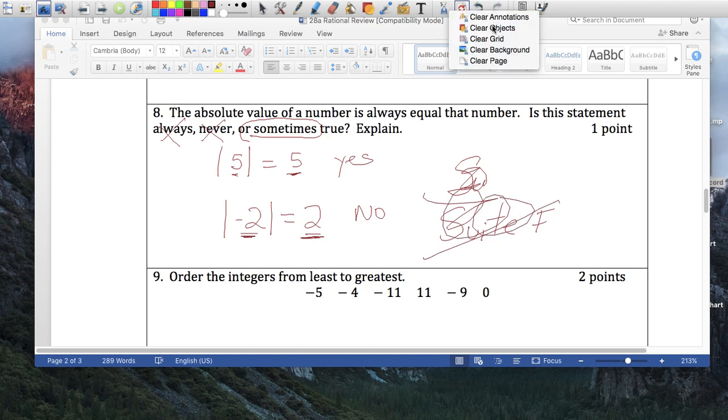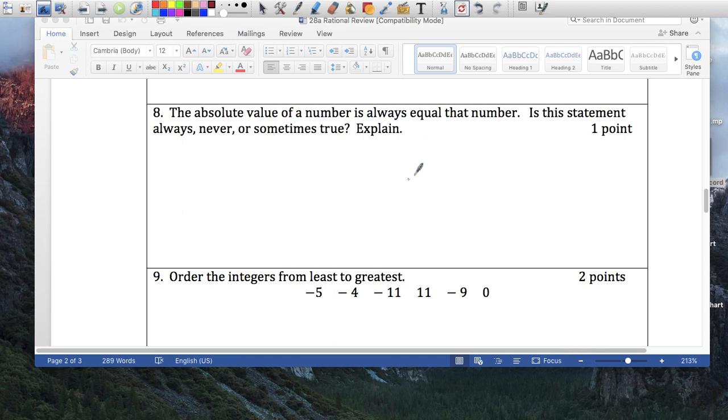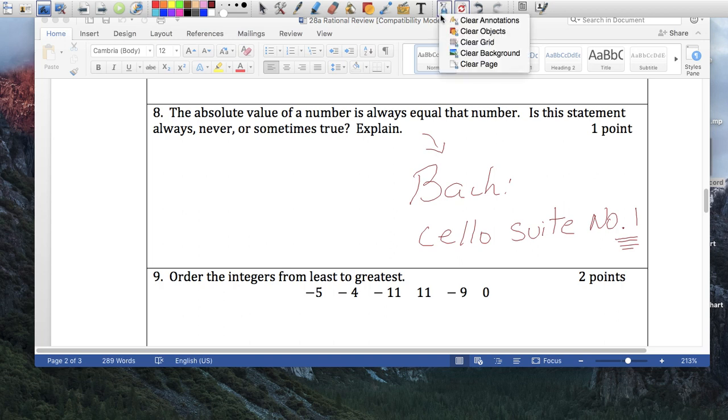Why am I complicating this? Here you go. You're listening to Bach, cello, suite number 1. That's the name of the song you're listening to. Okay? Here's your composer. Move on.